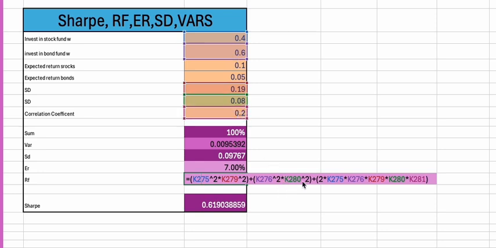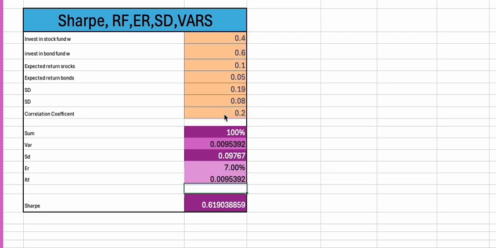You're going to make sure you do the squared, and then put those in parentheses, plus 2 times your first weight times your second weight times your first standard deviation times your second standard deviation times your correlation coefficient. And that will give you your risk-free rate of 0.095392, which is the same as your variance.